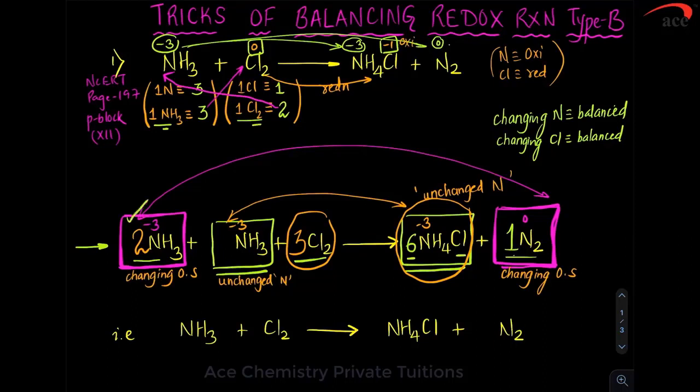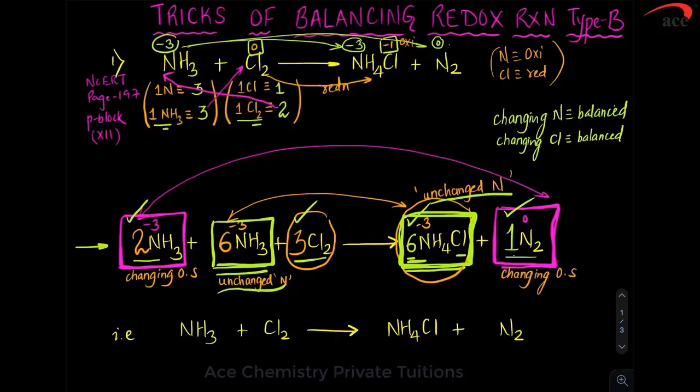Now if you check, this number has come, this number has come, this number has come, and this number has come. Now from where can we get this number? You should remember this is unchanged nitrogen, and in this case also unchanged nitrogen is there. So from this only you can get that. How many nitrogen are present here? 6. So the number of nitrogen here also should be 6.